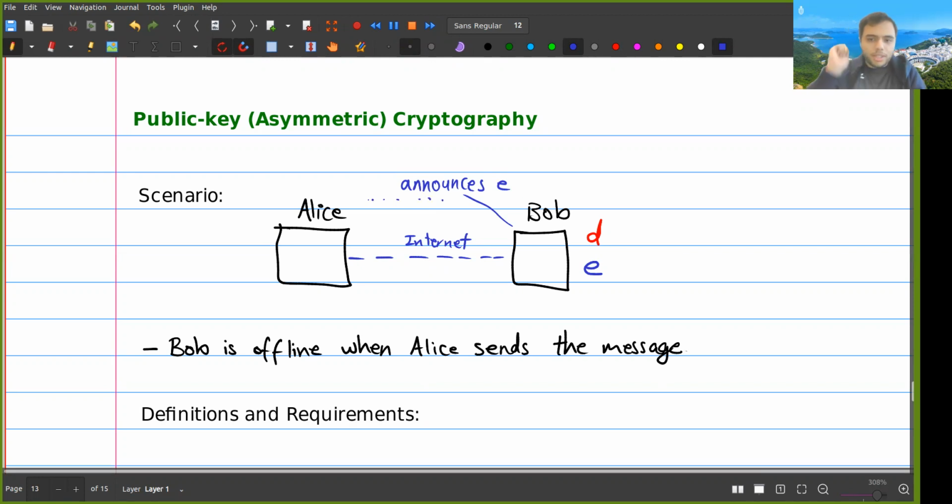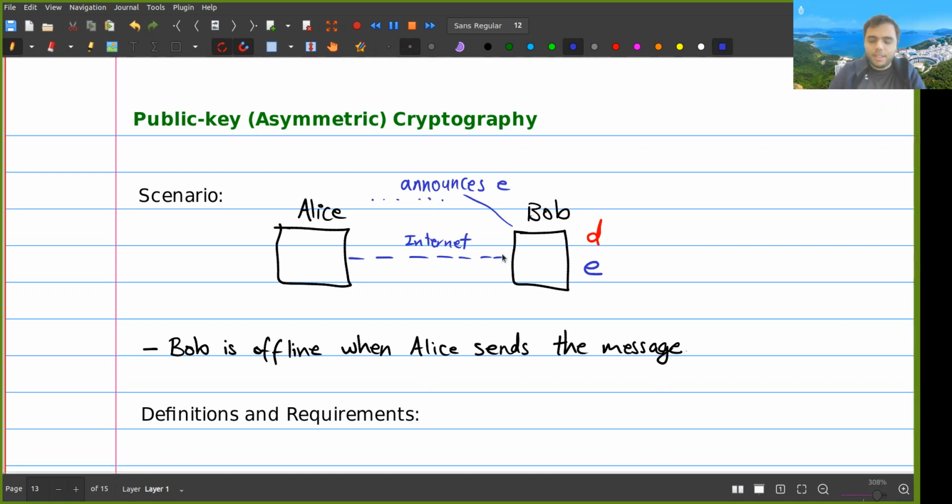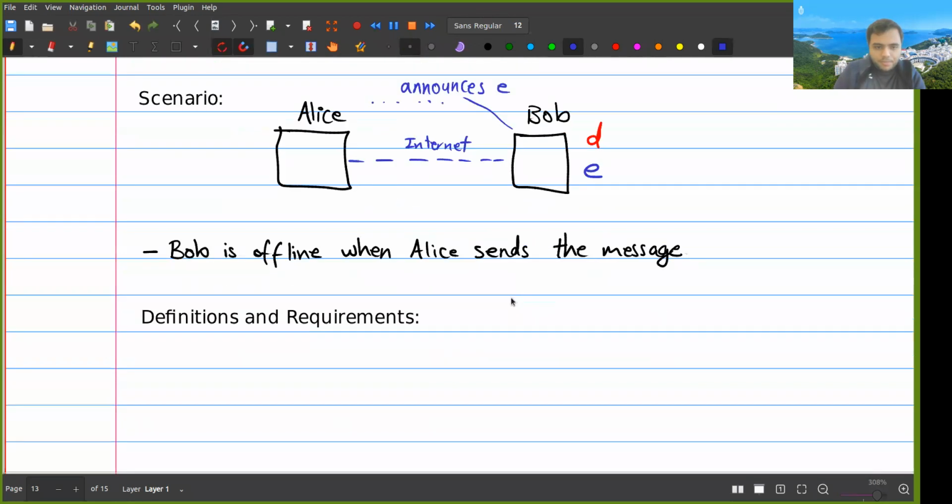This is my public key. This is E. Okay? And the idea is that whoever wants to send a message to Bob should be able to just use this E to encrypt their message and send it to Bob. But then to decrypt these messages, Bob has to use D. And because only Bob knows D, only Bob should be able to decrypt the messages.